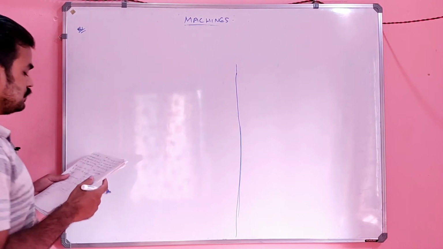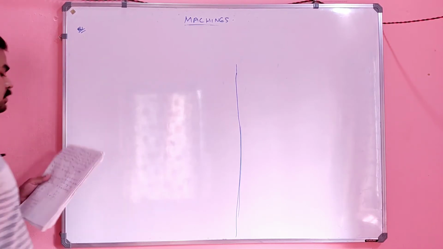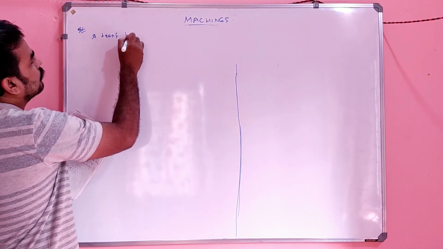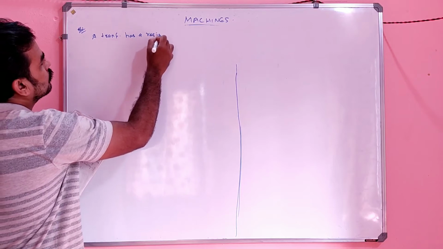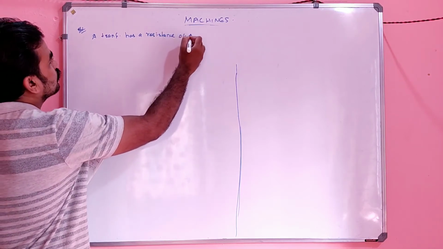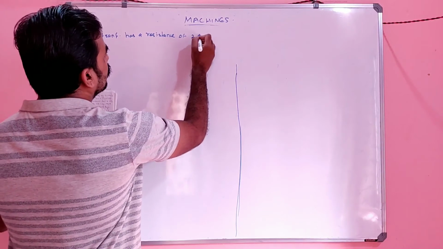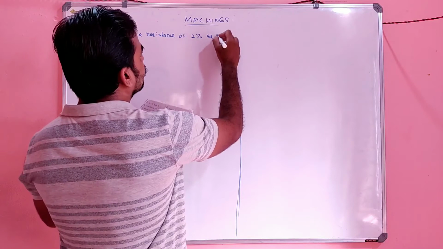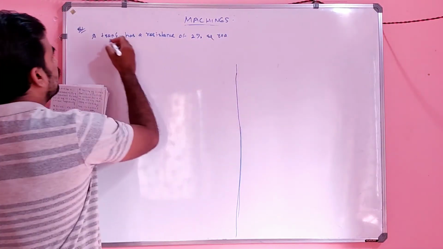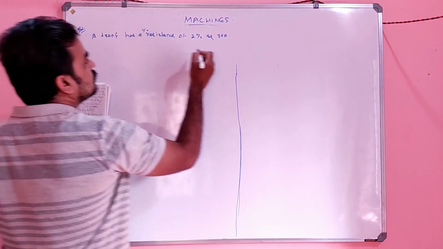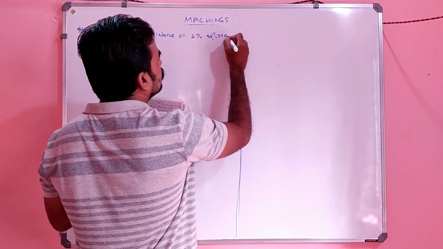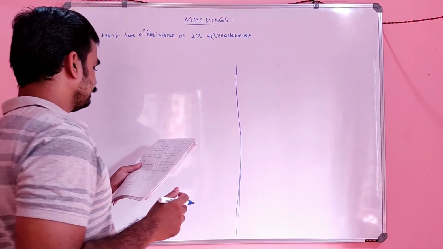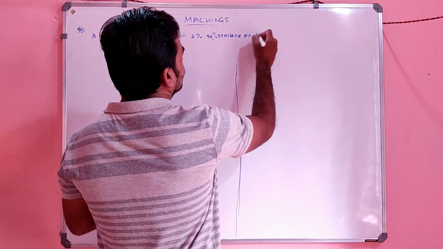A transformer has a percentage resistance of 2% and percentage reactance of 4%.